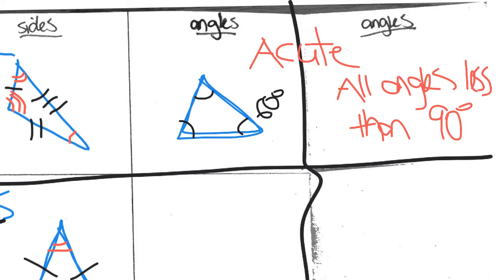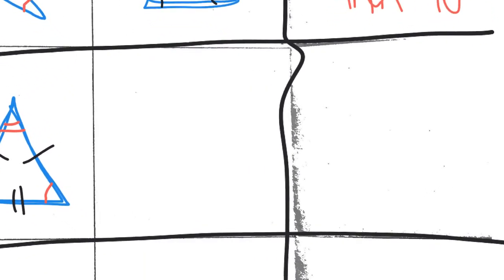Now, our next one after acute is going to be our right. A right triangle, most of you have already kind of heard this term, I'm thinking, in 5th grade, but a right triangle has one angle that is exactly 90 degrees.